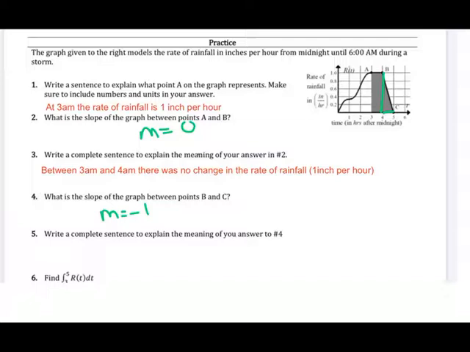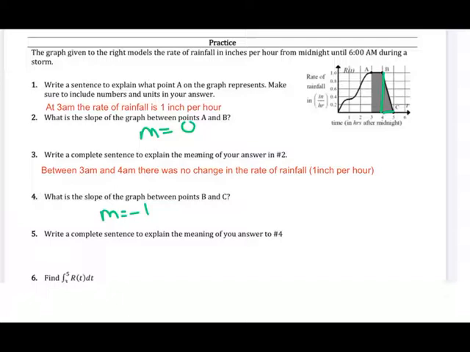So B is 4 hours after midnight. Between 4 a.m. and 5 a.m., the rainfall decreased at a rate of 1 inch per hour squared. What we're doing is looking at the slope of the rate of change, which means we're looking at how the rate of change has changed. It's kind of a mouthful. Since it's negative, the rainfall decreased at 1 inch per hour squared.